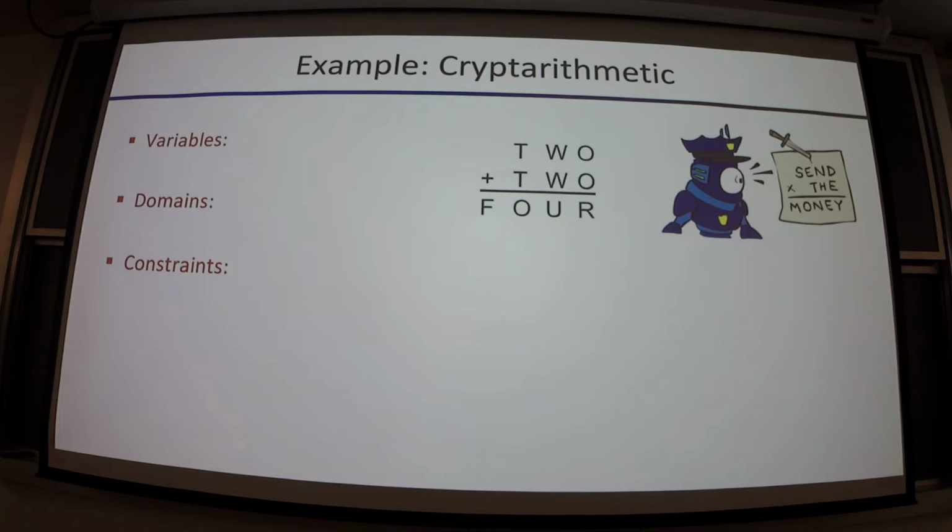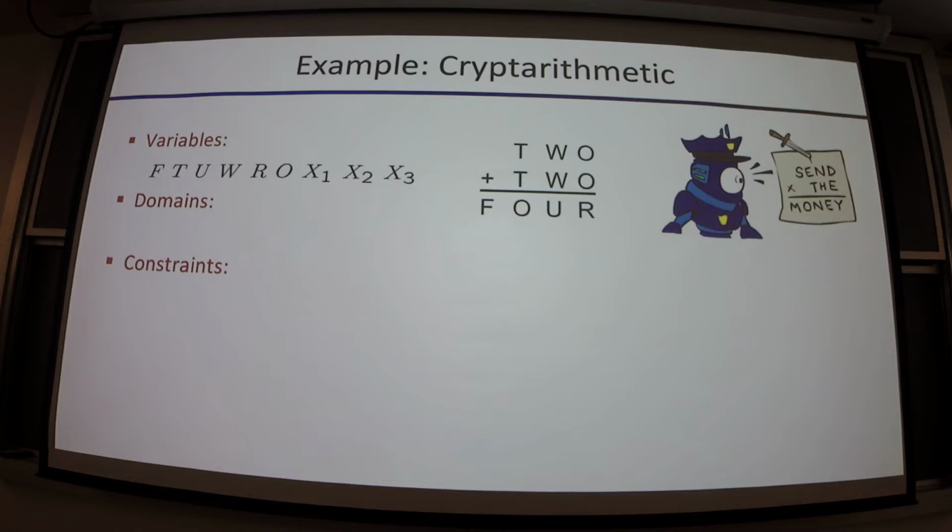Yes, the letters. So T, W, O, F, U, and R. Is that enough? Maybe we need to add some extra variables, like carryovers. Exactly. So we need to add 3 extra variables. We have our letters represented in the problem, and then we're going to have these carry bits.